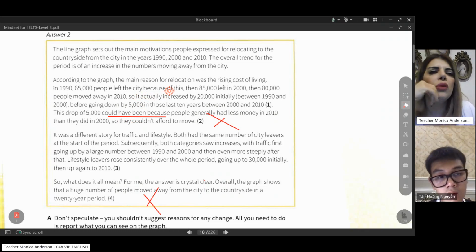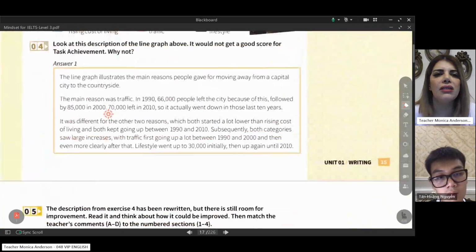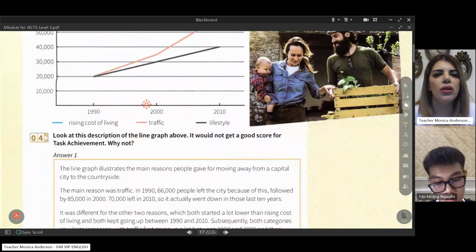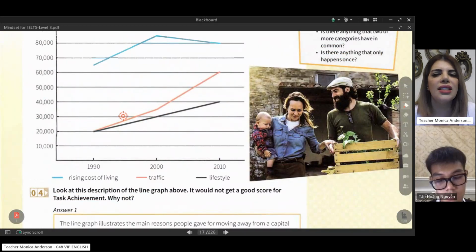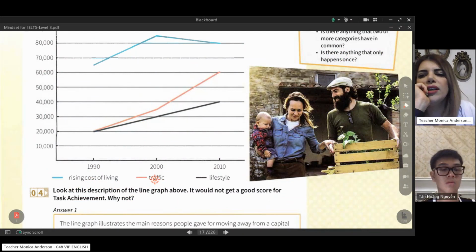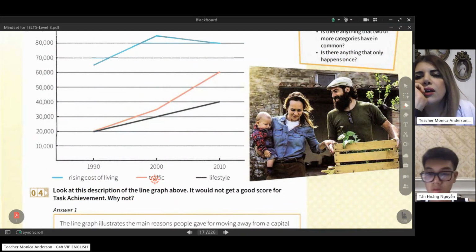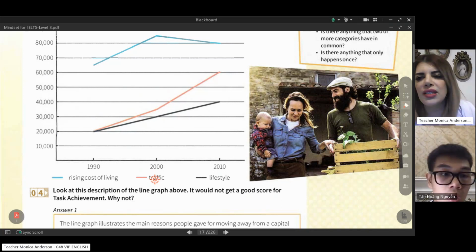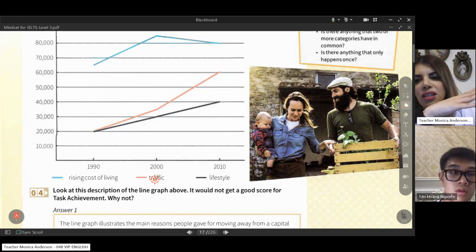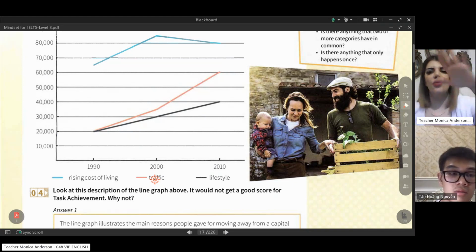We can say that, let's have a look, okay? As you can see, the first one, rising cost of living, traffic, and now we want to talk about this three. Actually all three reasons have risen over the period. But the number of people moving away from the capital city is actually on the up, so it means increased.